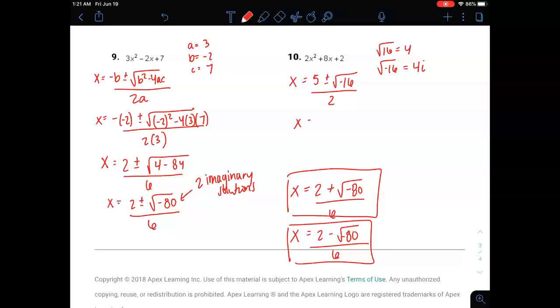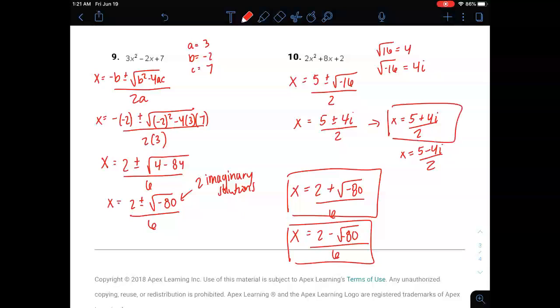So what we can do is say x is equal to 5 plus or minus 4i over 2, which then results in our two equations being x equals 5 plus 4i over 2, or x equals 5 minus 4i over 2. So that is an option if you can simplify down, but either would be 1,000% acceptable. You can also leave it as the negative square root answers.